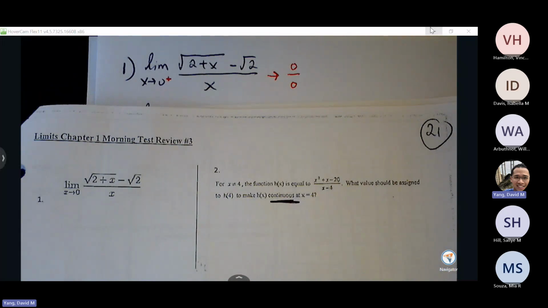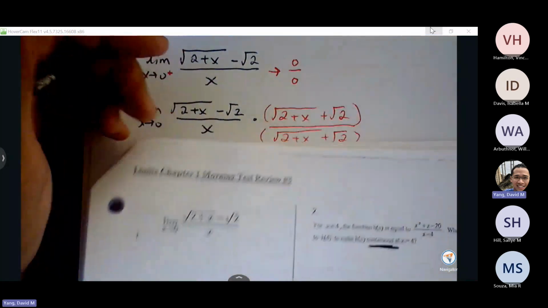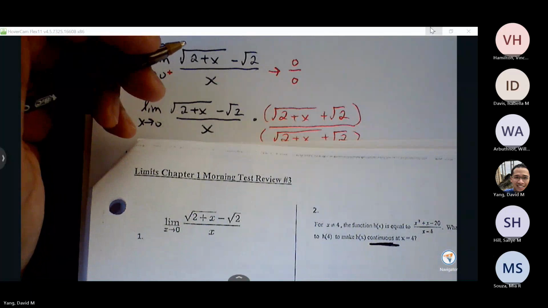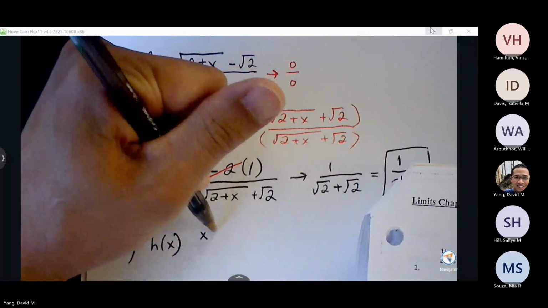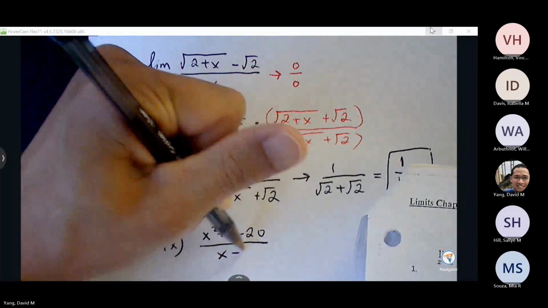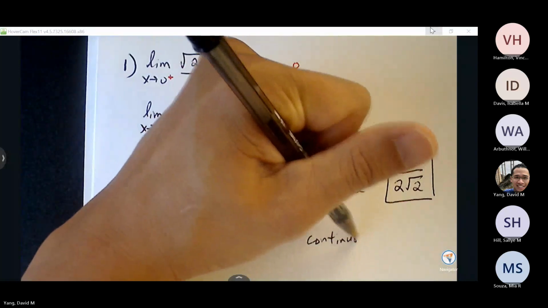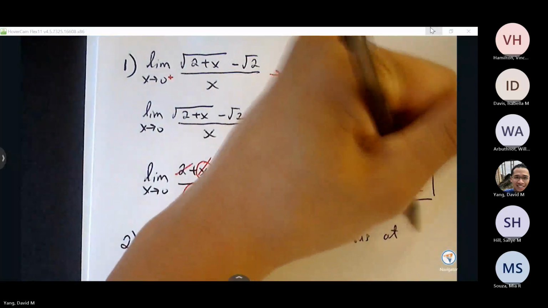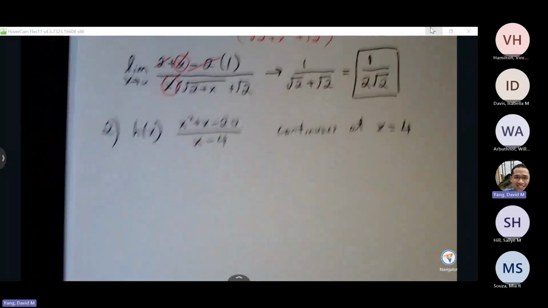Go down continuity conditions, and then you're going to be able to find your answer. So here's our function. Continuous at x equals 4.